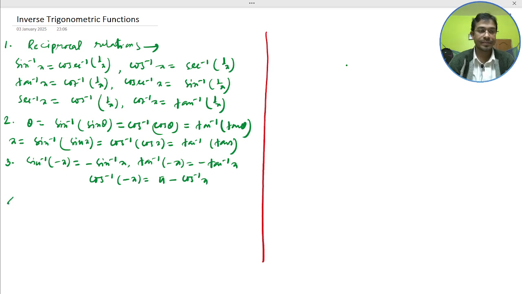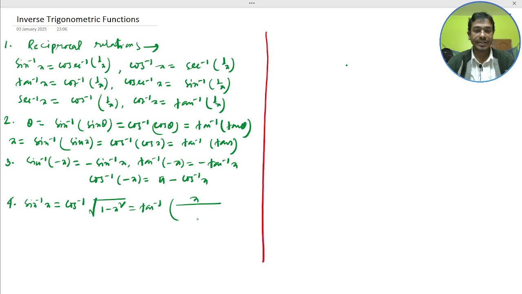Next, sin inverse x is equal to cos inverse root over 1 minus x square, which is equal to tan inverse x divided by root over 1 minus x square. These are just trigonometric formulas, the transformation of sin x to cos x to tan x.